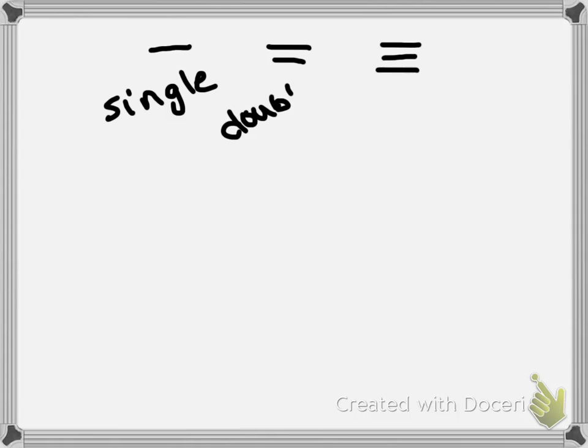Okay, and then the last bonding basics thing that we need to cover is single, double, and triple bonds. Single look like that, double look like that, and then triple, which are not very common, look like the one on the end there.